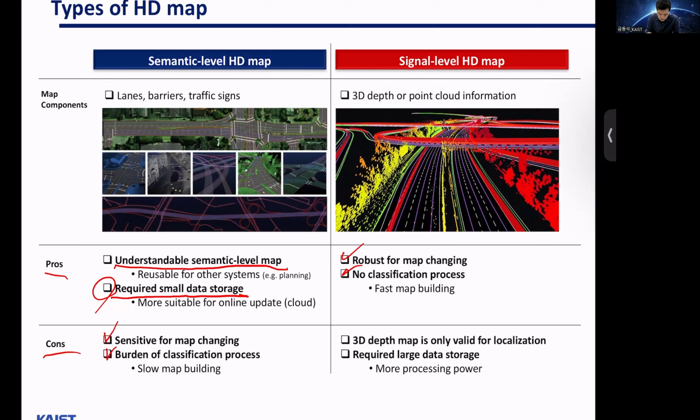But the disadvantages are 3D map depth map is only valid for localization, meaning that we can't use this for motion planning module. Whereas if we have semantic HD map, we can also use it for motion planning module as well.